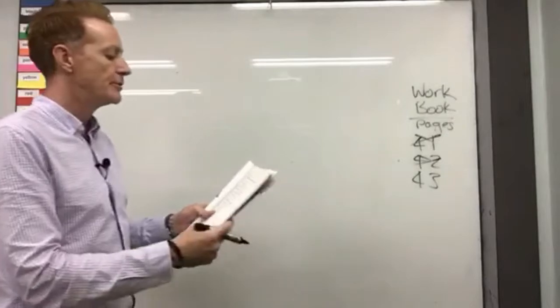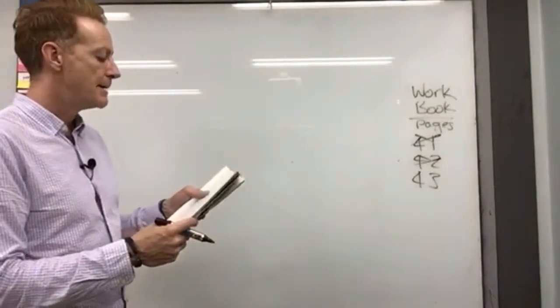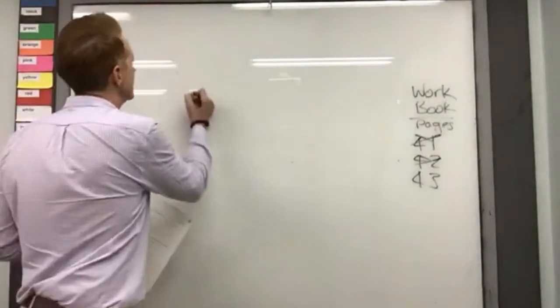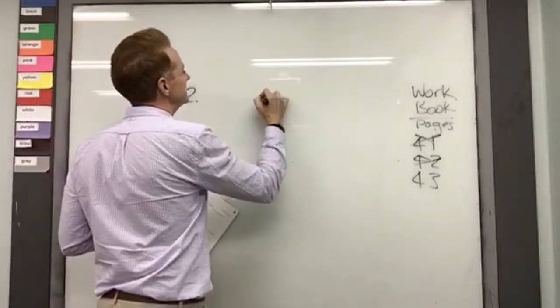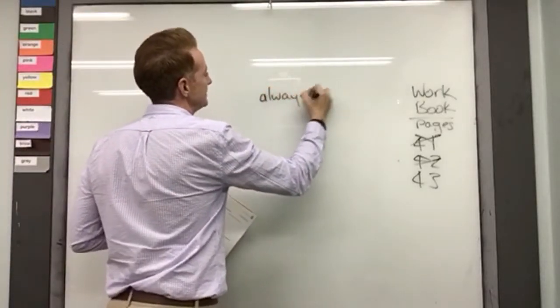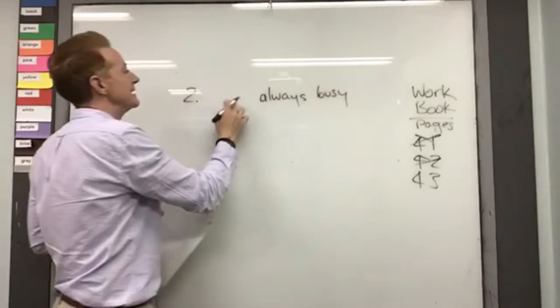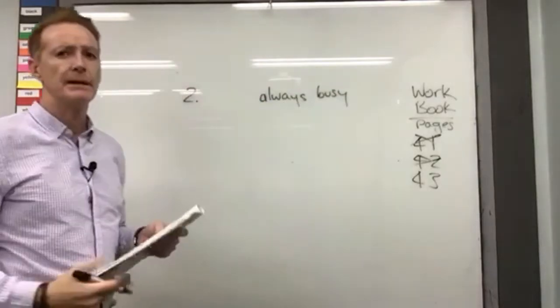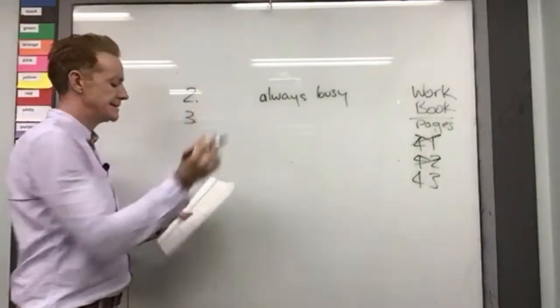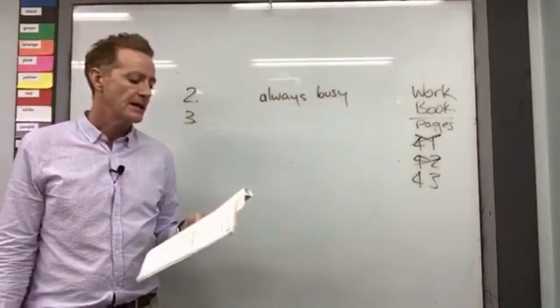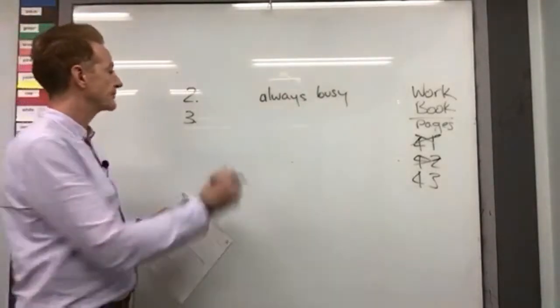Okay, so let's do number 2. My mom is always busy. My mom is always busy. Number 3, they drink tea.